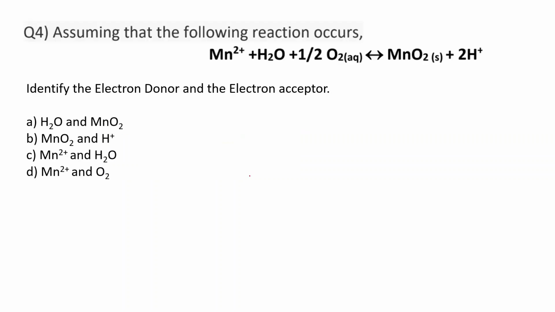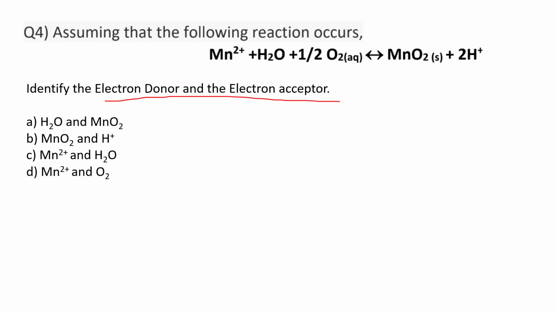Coming to question number 4, assuming the following reaction occurs. So this is the reaction, this is a half reaction given, and we have to assume that this reaction is occurring. So we need to identify the electron donor and electron acceptor. So what are electron donors and electron acceptors?